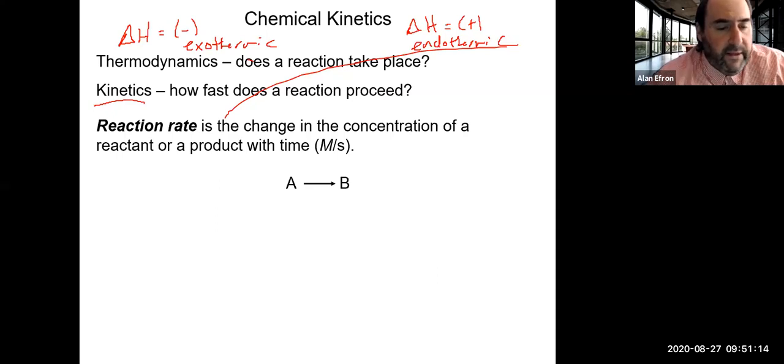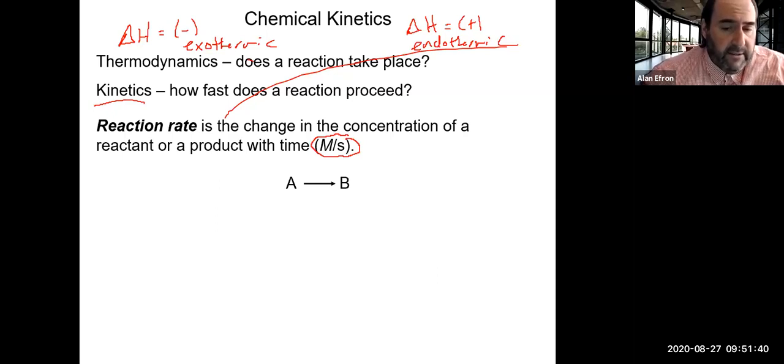So one thing when we talk about kinetics and reactions is what's known as reaction rate. And a rate really is how fast something is happening over a period of time. In most cases in chemistry and chemical kinetics, we deal with solutions and we deal with molarity. That's why we typically have units of reaction rates of molarity over seconds.